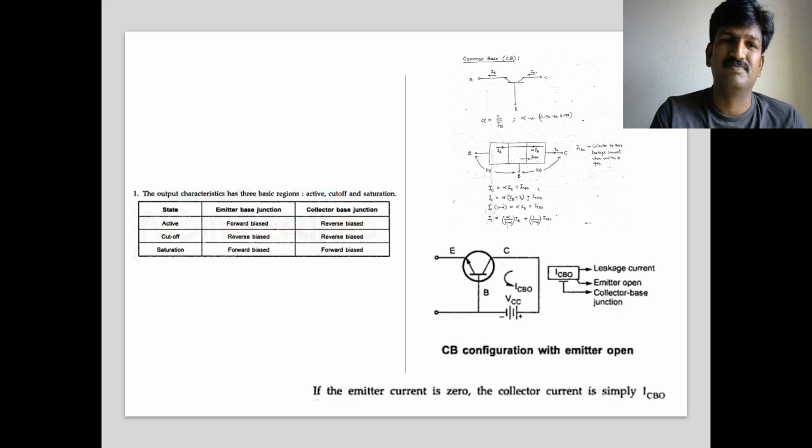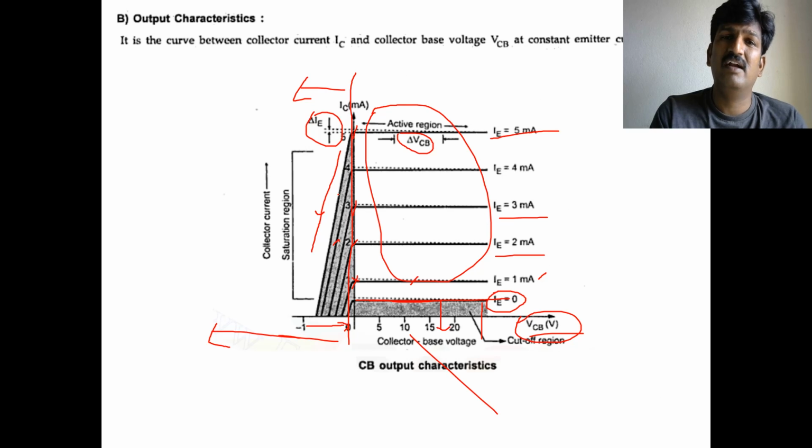We'll discuss that. Here the output characteristics are also the characteristics of a reverse biased diode, because you are working with the collector to base junction. The collector to base junction is always reverse biased. We monitor the collector current with respect to the change of the collector to base voltage.